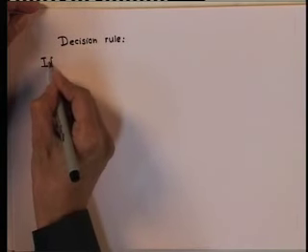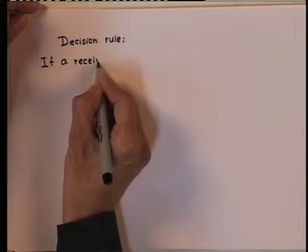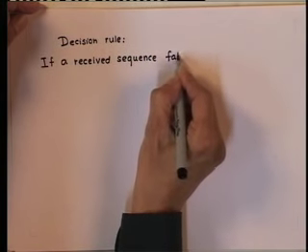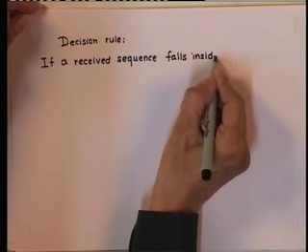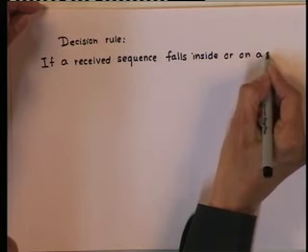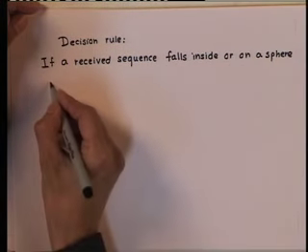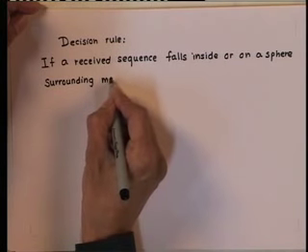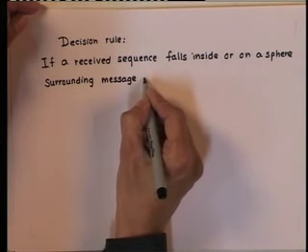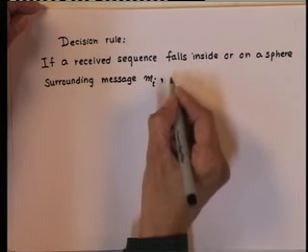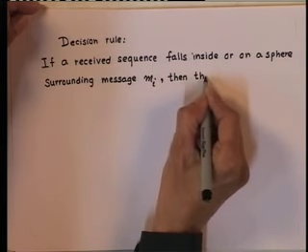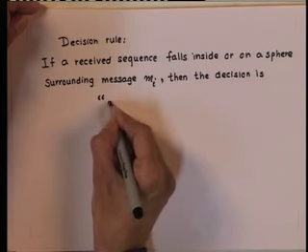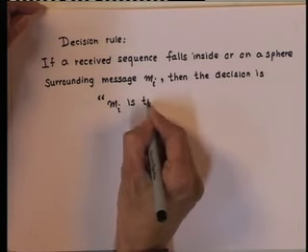If a received sequence falls inside or on a sphere surrounding message mi, then the decision is mi is transmitted.